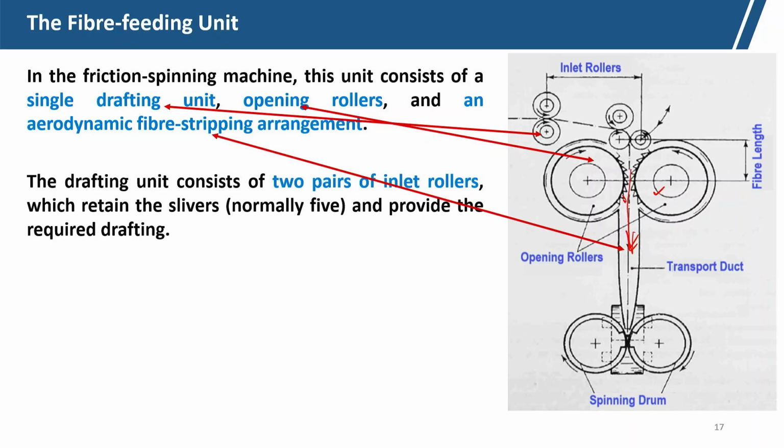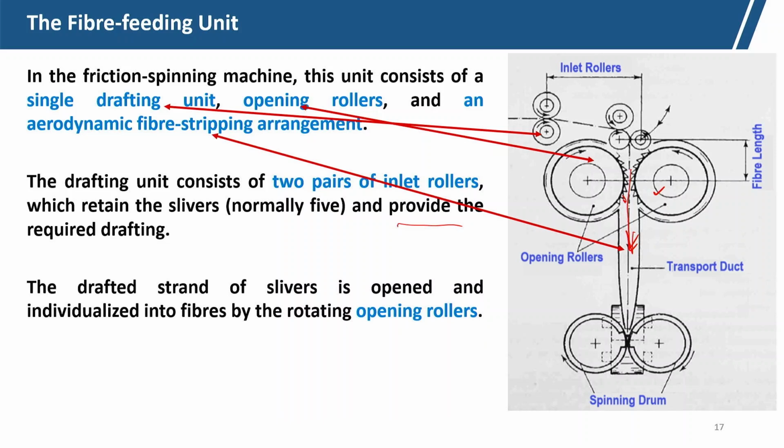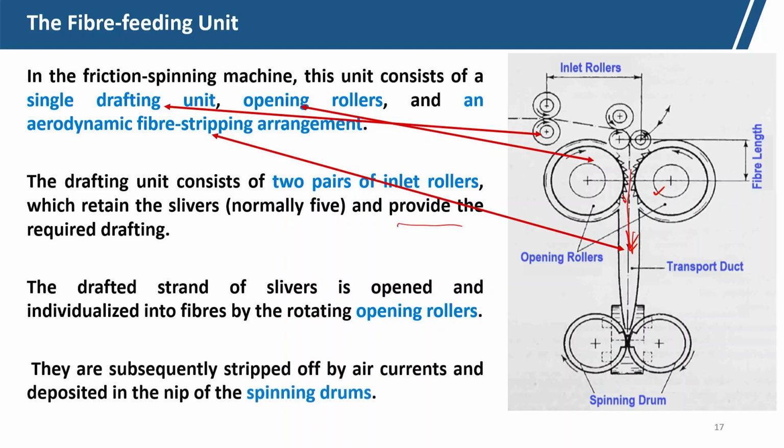Now, the drafting unit consists of two pairs of inlet rollers, which retain the sliver, normally 5, and provide the required drafting. The drafted strand of sliver is opened by a pair of opening rollers. They are subsequently stripped off by air current and deposited on the nip of the spinning drum.